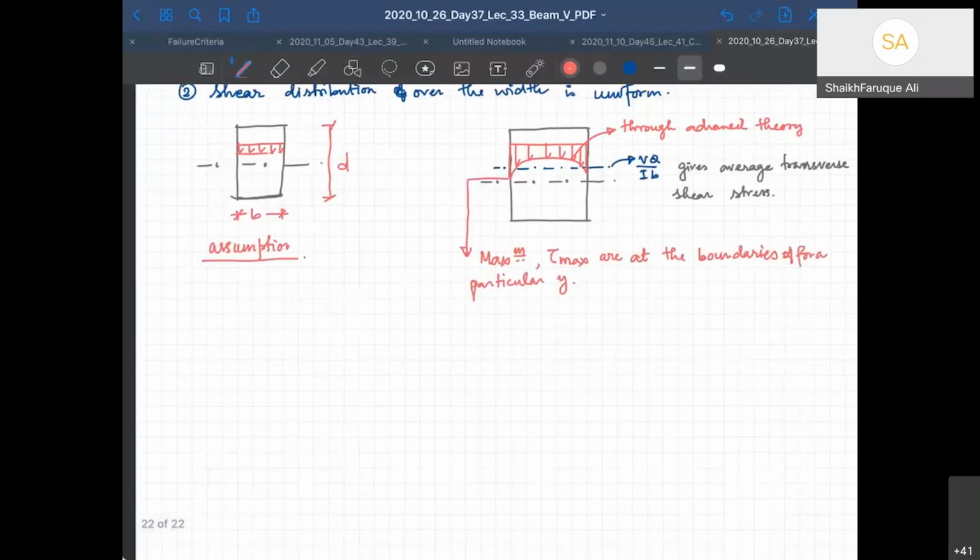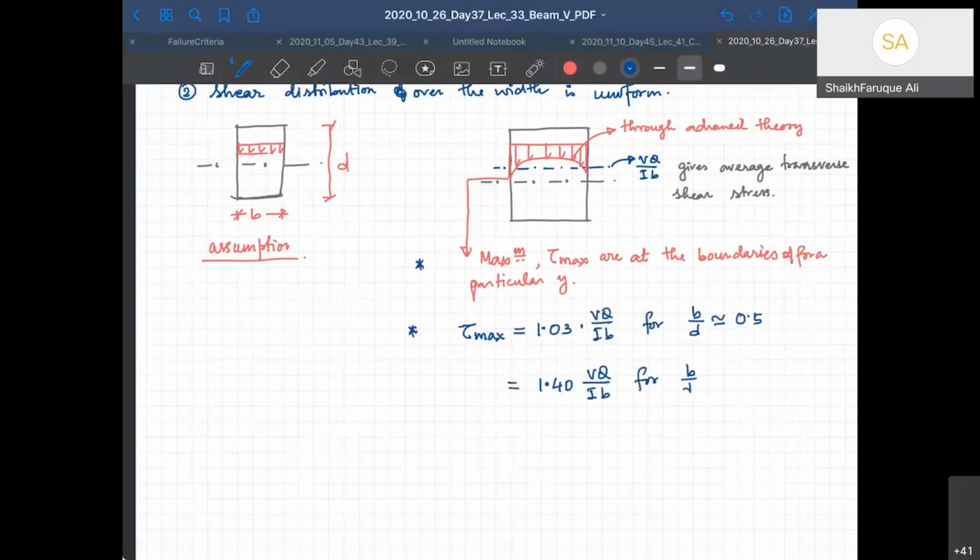The study says that tau max is 1.03 times VQ by IB for B by D nearly 0.5, but it is equal to 1.40 VQ by IB for B by D around 2.